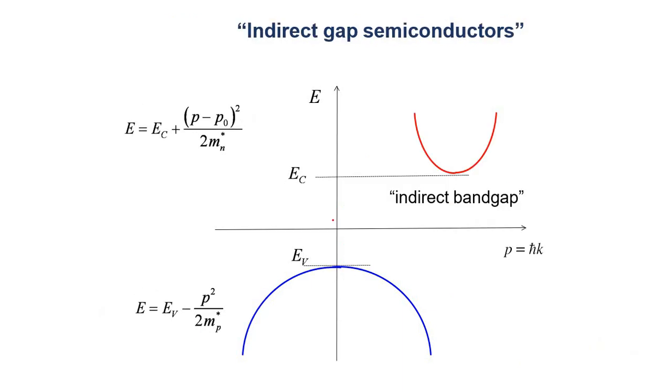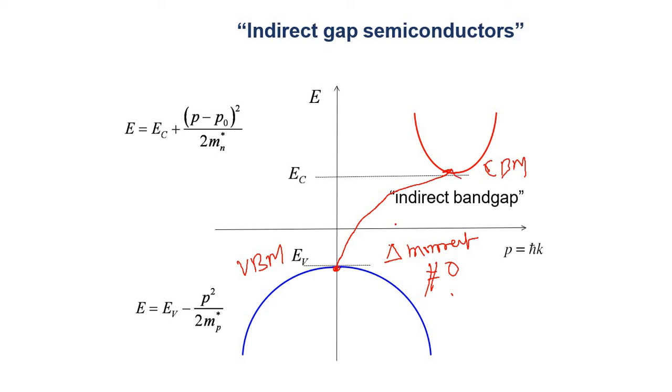Okay, so what is indirect band gap? That means there is a change in momentum, delta momentum, between conduction band minima and valence band maxima. So change in momentum is not equal to 0. So suppose an electron is jumping from this place to this place.